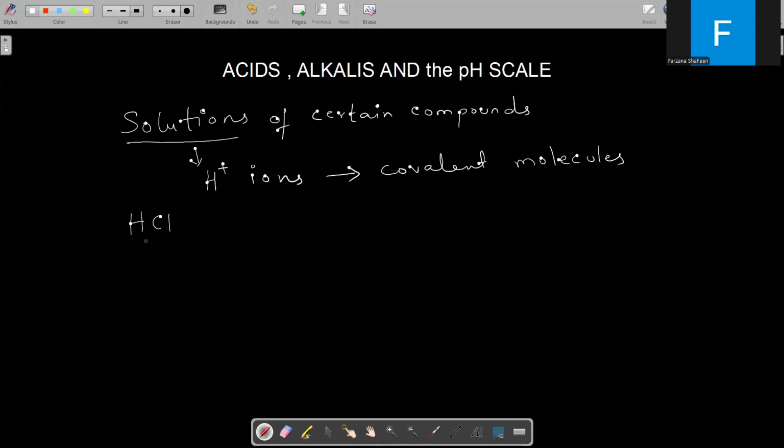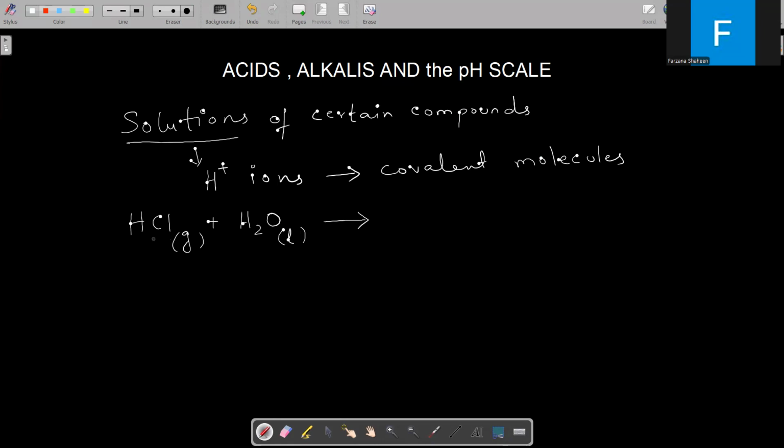Now, if this gas is bubbled, let's write the state symbol. If this gas is bubbled through water, and water is liquid, it becomes aqueous. So what do you mean by aqueous? Aqueous is something that is dissolved in water.